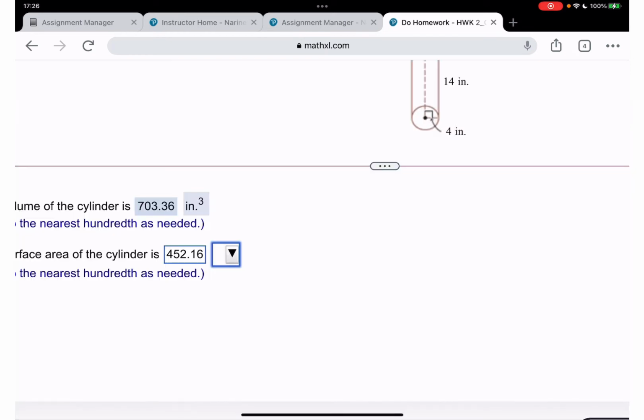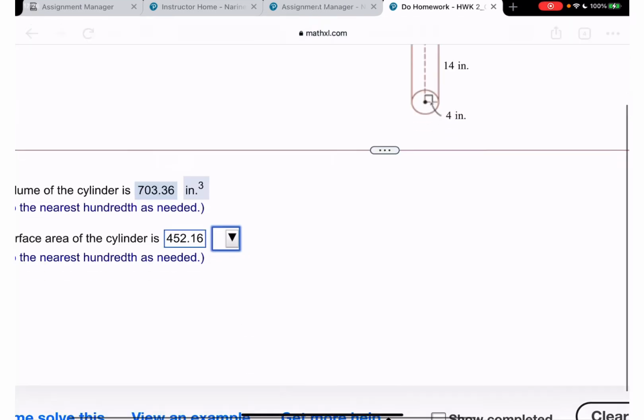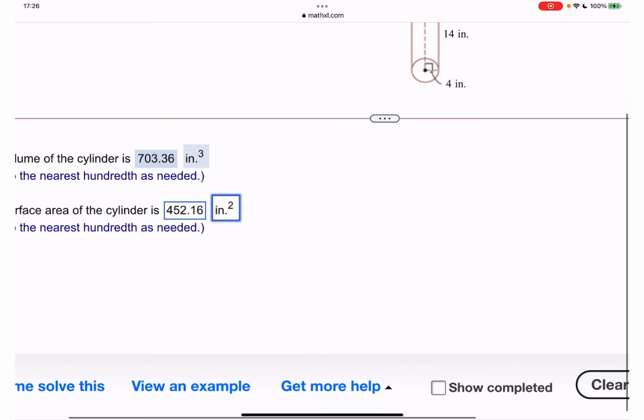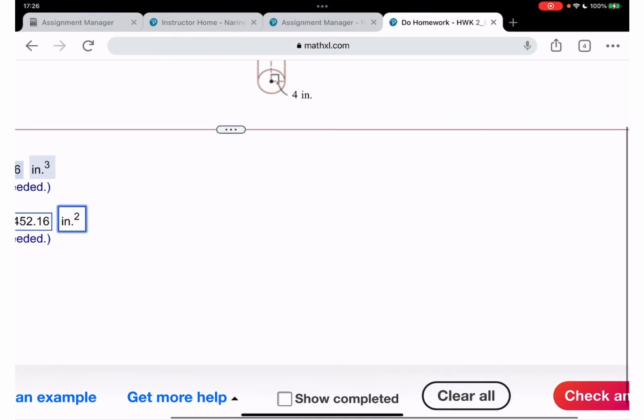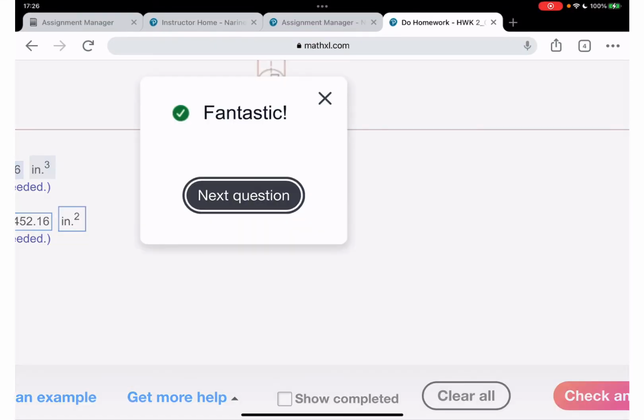Okay, and because it's a surface, it's going to be inch squared. And we are getting fantastic result.